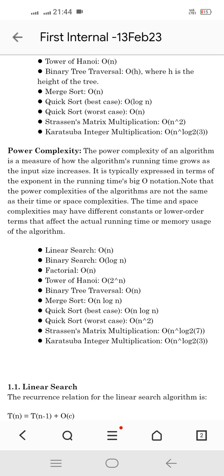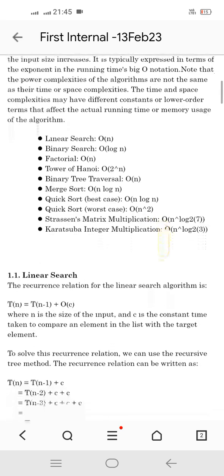It is typically expressed in terms of the exponent in the running time's big O notation. Note that the power complexities of the algorithms are not the same as their time or space complexities. The time and space complexities may have different constants or lower order terms that affect the actual running time or memory use of the algorithm.